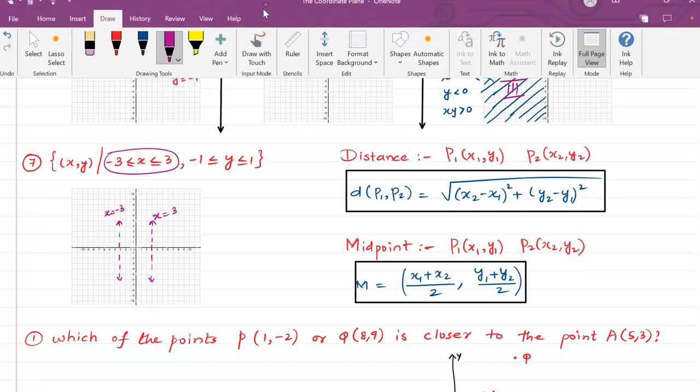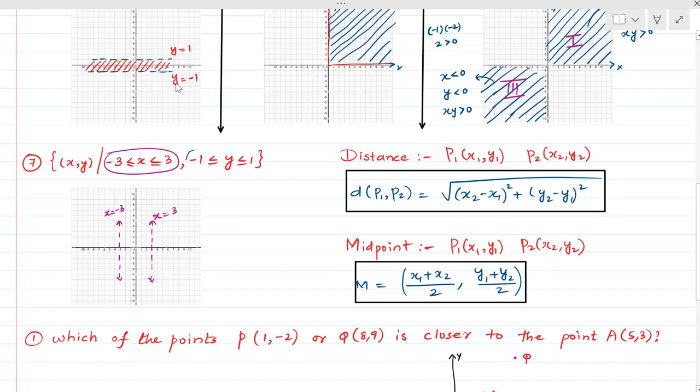I have to go with the y. What is the y value here? -1 comma +1. Therefore this value will be here. So this is the y equal 1 line, and this is the y equal -1 line, and both are equal.